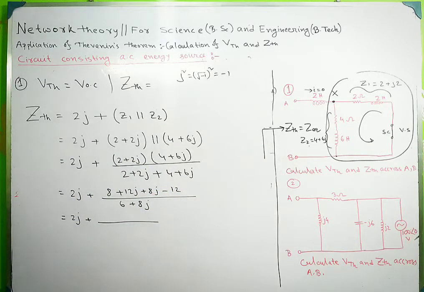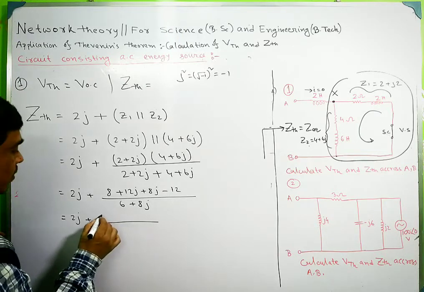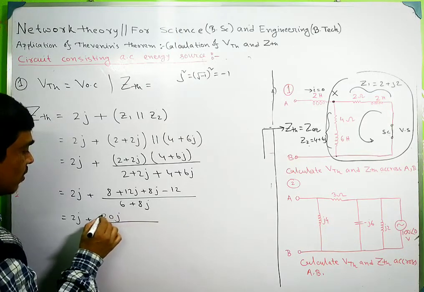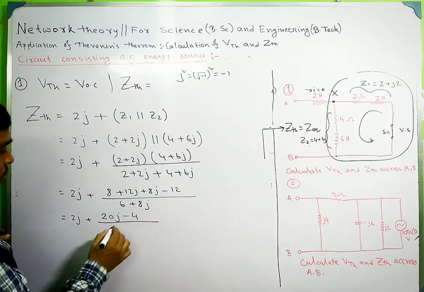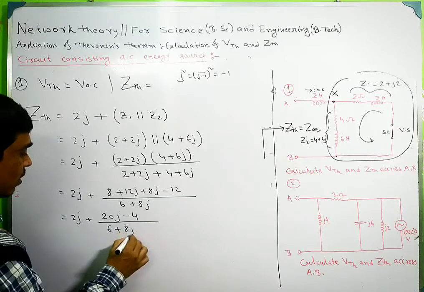So it can be written as 20J minus 4 over 6 plus 8J.